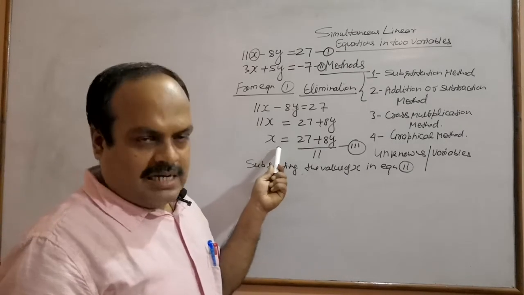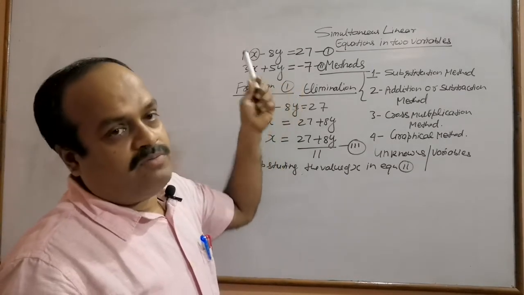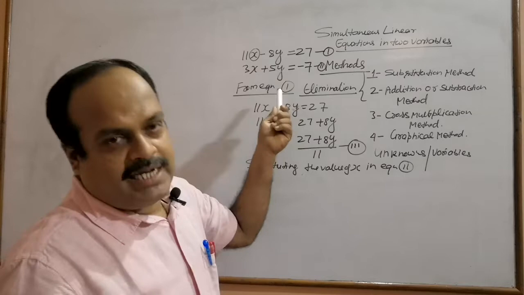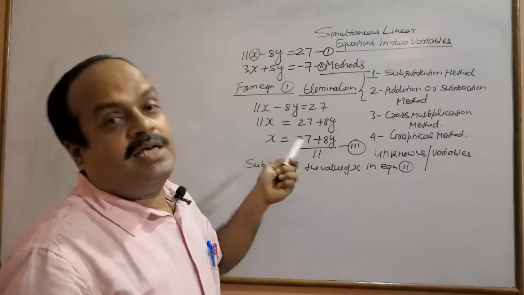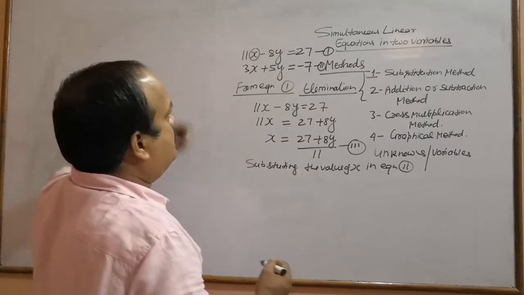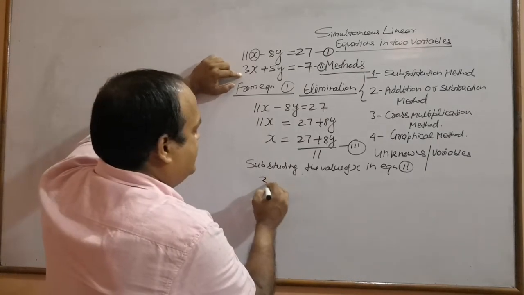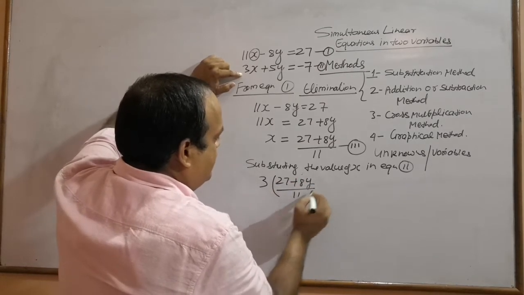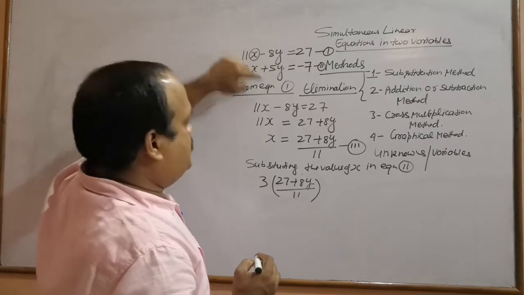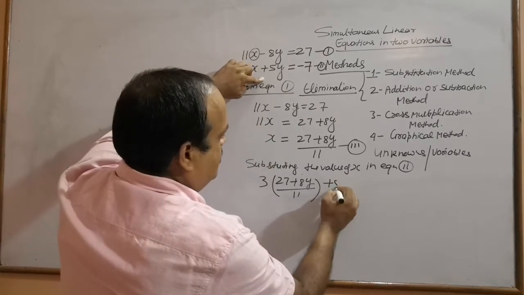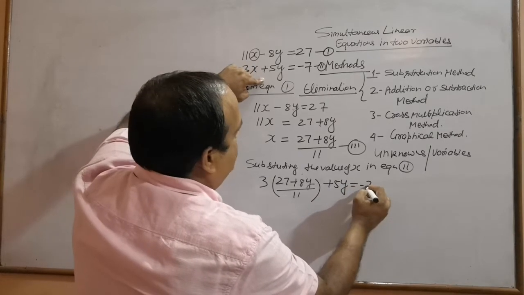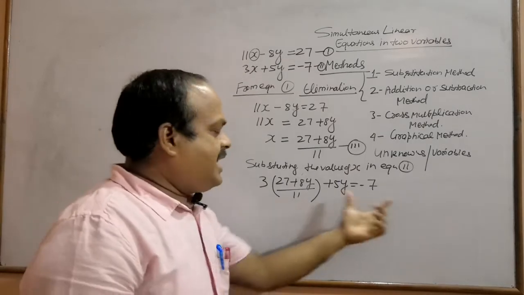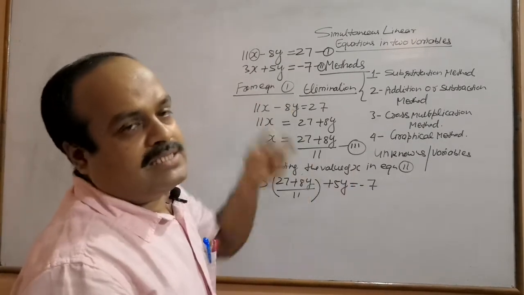This x you have got from equation 1, so this value of x you will put in second. If you get this x from second, you will put this value of x in first. I have 3 times x, so I will write 3 into (27 plus 8y) upon 11, plus 5y equals minus 7.